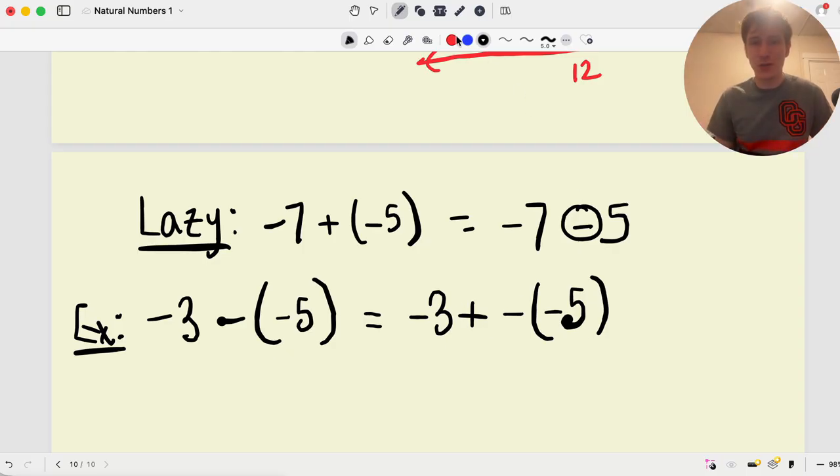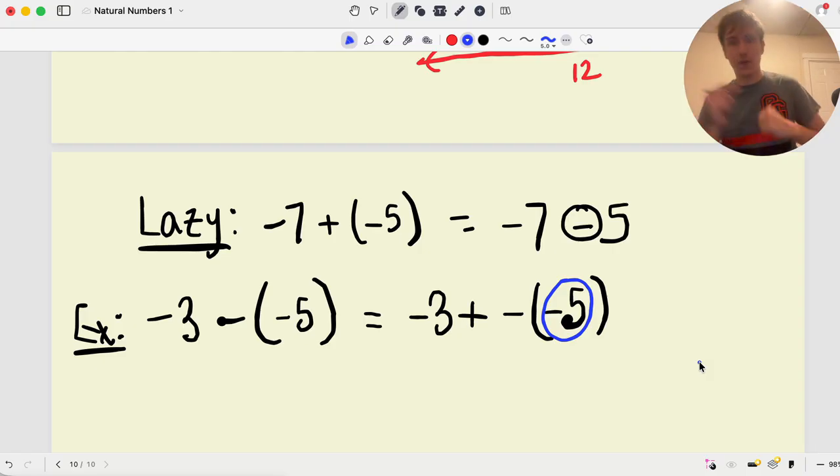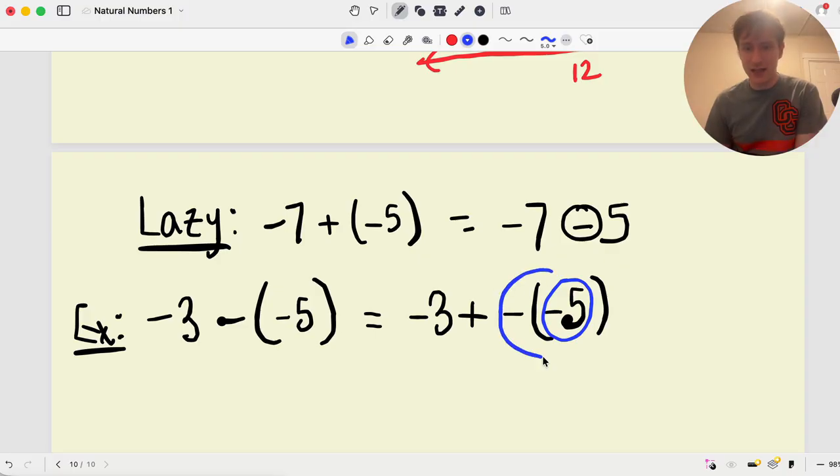So what does that actually mean? Well, remember that I need positive 5 to cancel that out, which means this thing would need minus 5 to cancel it out, because it's the inverse of that. So it's the inverse of the inverse.